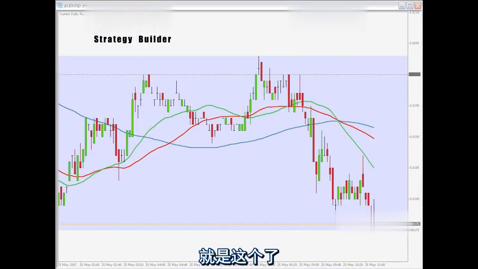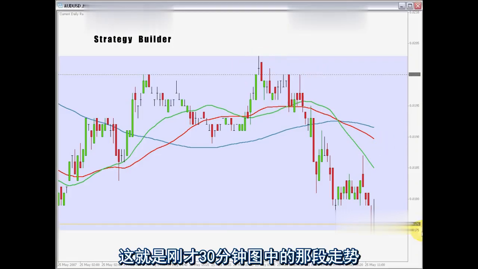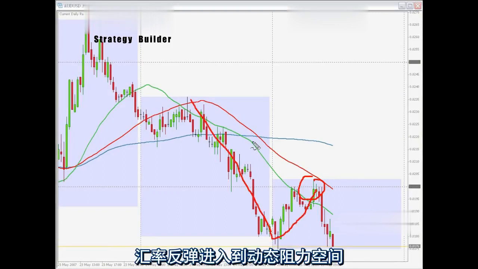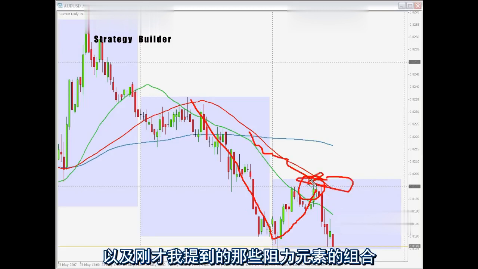It is right here, okay? That's the area that in the 30-minute chart, if we go back to the 30-minute chart, that's the area I want to comment on, when the retracement goes all the way up to the dynamic area of resistance, and the confluence right there, all the confluence of all the factors that I've just mentioned, all right?